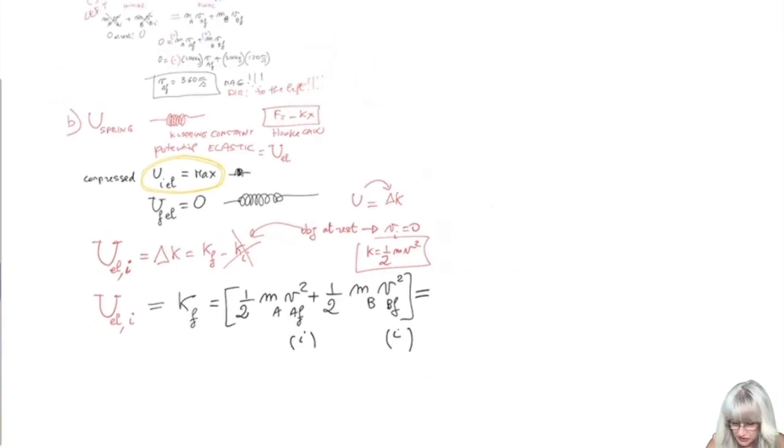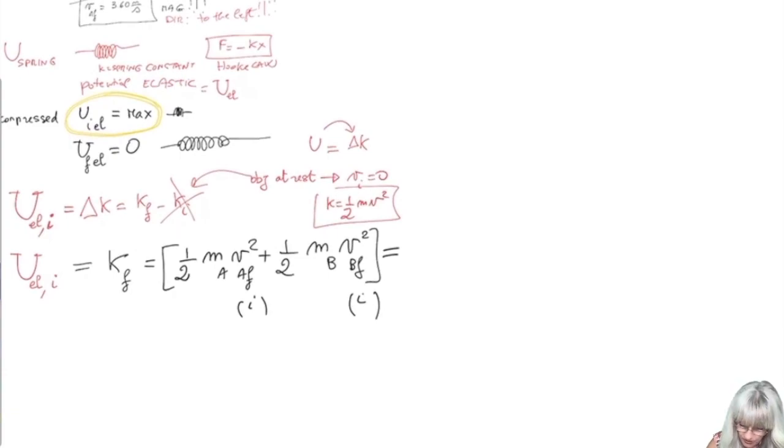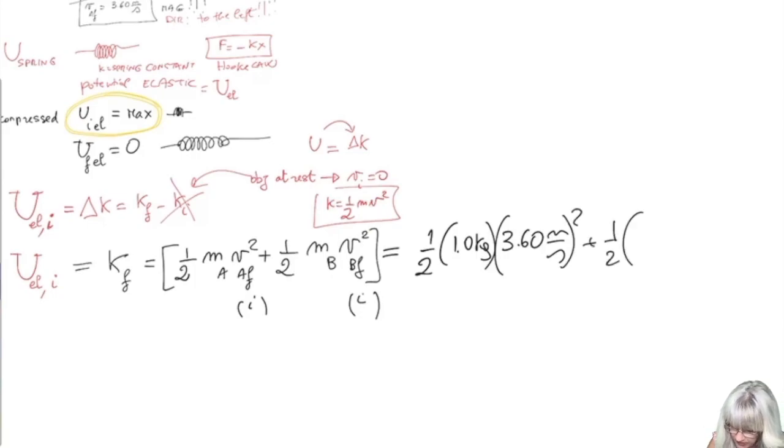So basically, I just plug in straightforward what I know. The mass, how fast is moving body A, which we found. Mass of B, 3 kilograms. And how fast is moving to the right, 120 meters per second.